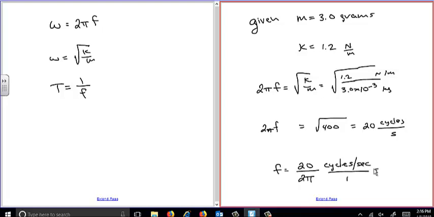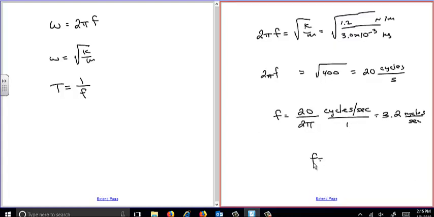So 20 divided by 2 divided by pi is 3.2 cycles per second, which is hertz. So make sure you use hertz.